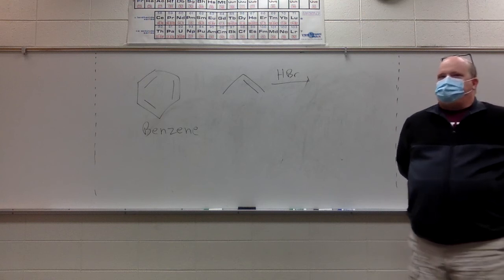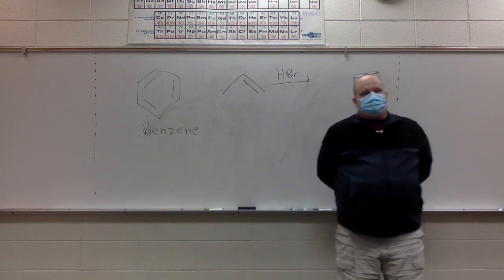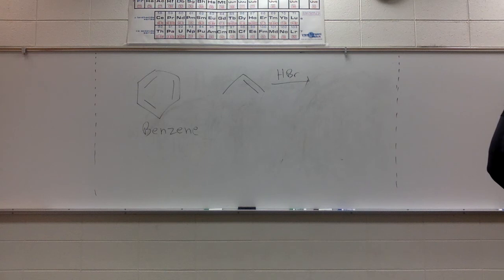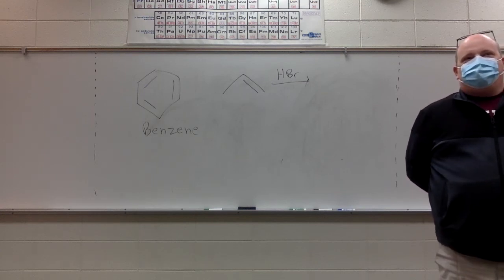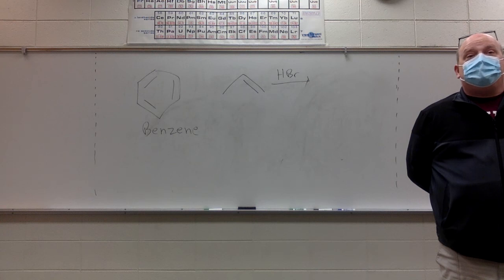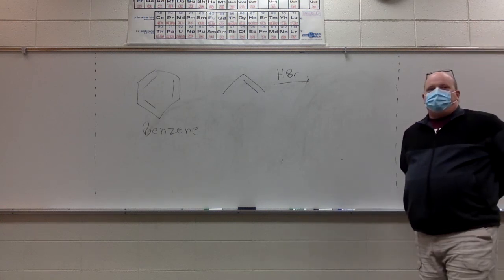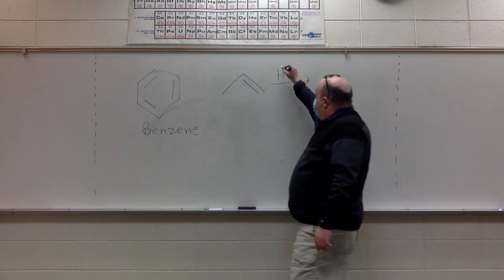Well, let's go through the mechanism. HBr, strong acid. What do strong acids like to do? Strong acids like to dissociate, and when they dissociate, they give off hydrogen, protons, yeah. So H plus is going to come off.